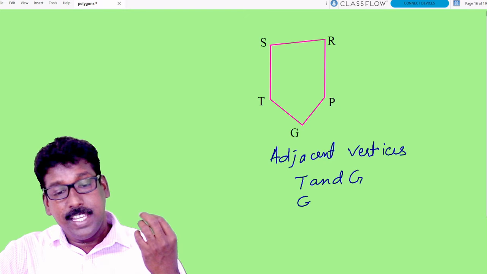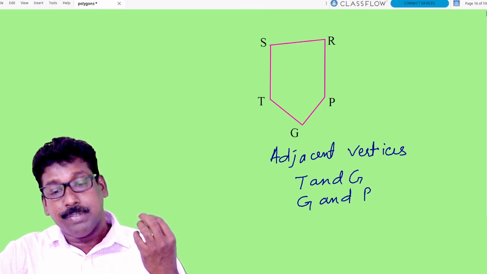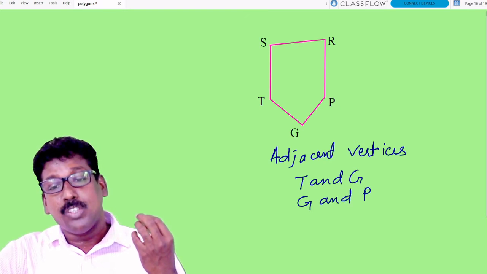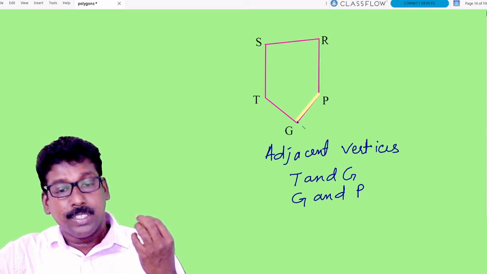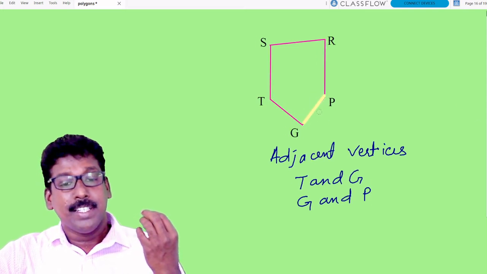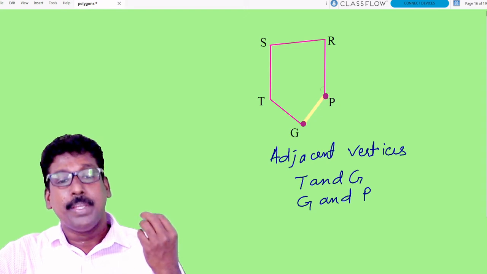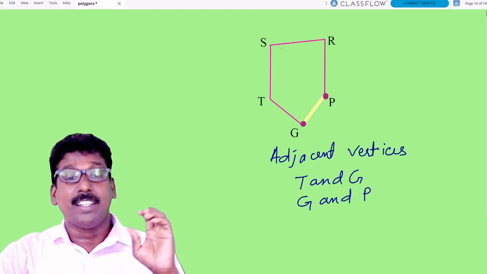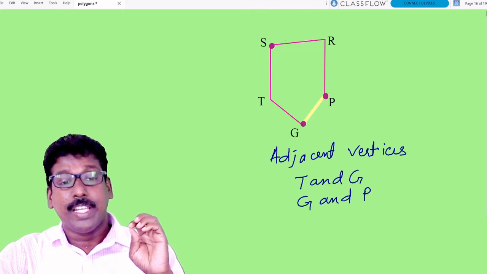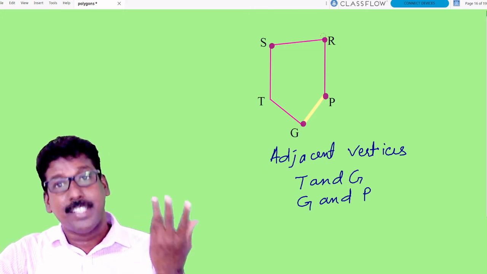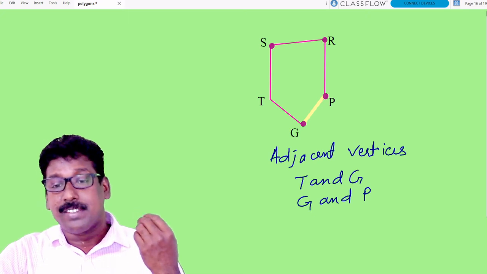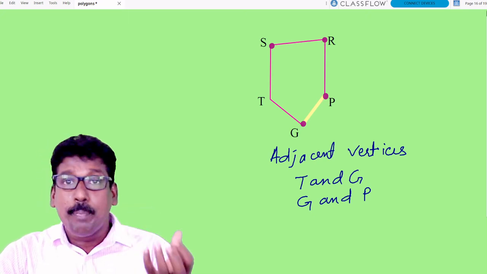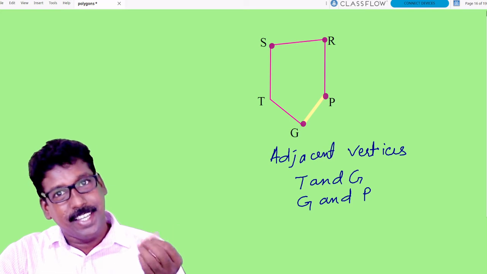Yes, G and P. That means the endpoints of the side GP are G and P. Similarly, consider the side SR. So S and R are adjacent vertices. Similarly, P and R are adjacent vertices. So write all pairs of adjacent vertices here.